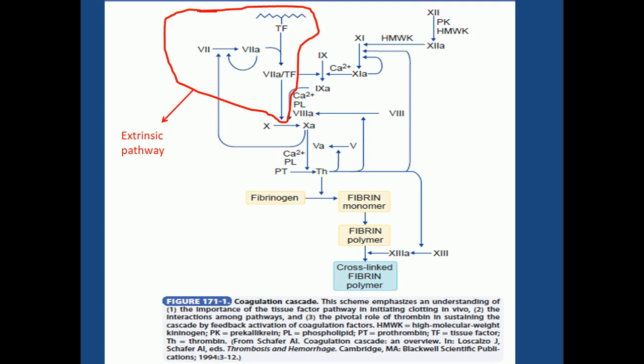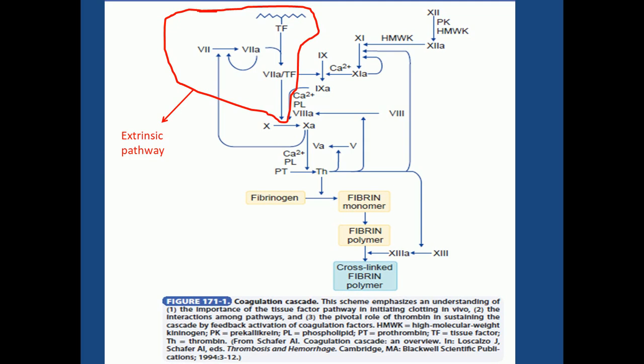Active factor 10 will convert prothrombin into thrombin, and this thrombin will activate fibrinogen to form fibrin monomer that will polymerize and form cross-linked fibrin with the assistance of factor 13.